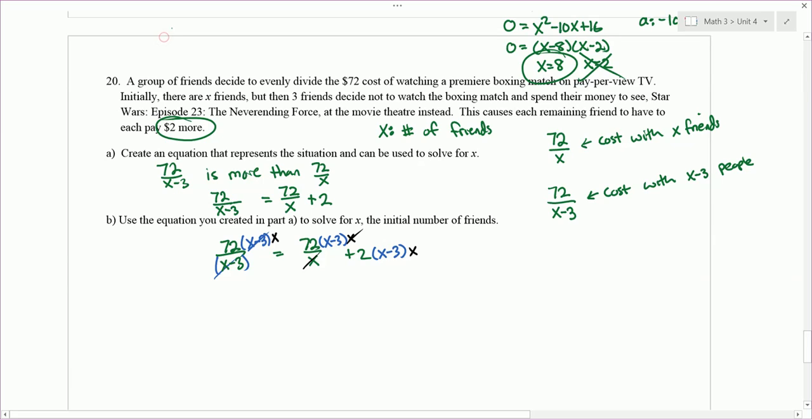Clean this up, see what we're left with. We have 72x is equal to 72 times x minus 3 plus 2 times x minus 3 times x. Keep working through this. 72x is 72x minus 72 times 3.